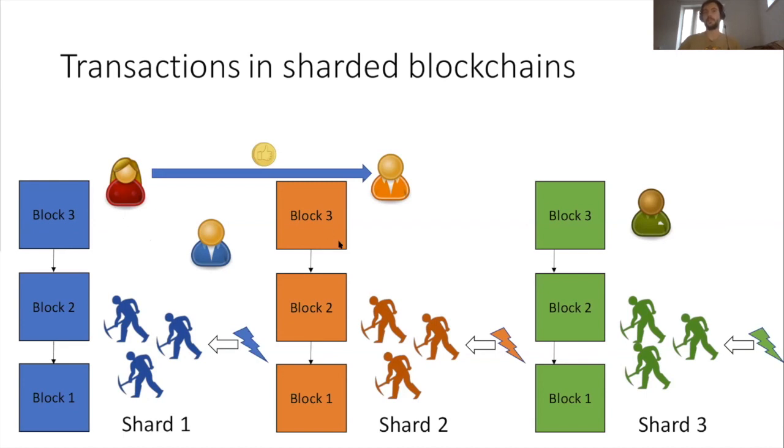We now need another transaction in shard 2 to increase the balance of Charlie, and we also need some coordination between those shards to make sure the whole operation is atomic. So by having cross-shard transactions here, we more than double the cost of processing of this transaction.